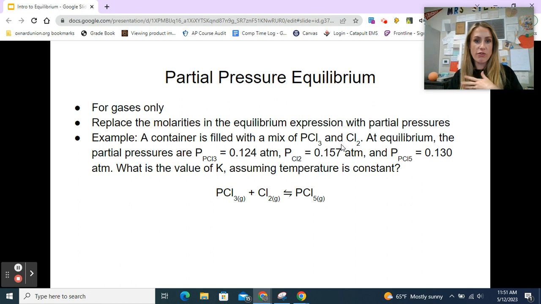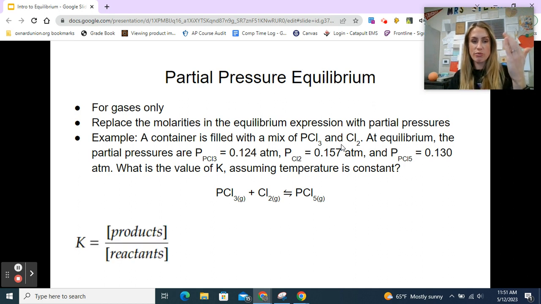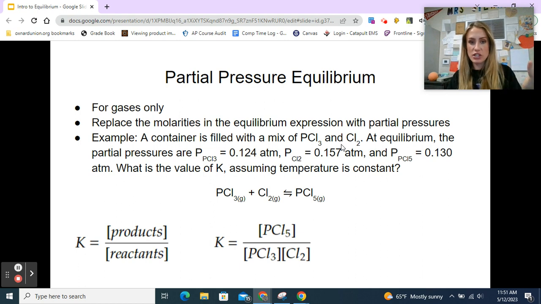And when we're solving for K, remember it's concentration of products over concentration of reactants. So here we get the concentration of our PCl5 over the concentration of PCl3 times the concentration of Cl2. Again, because these are gases, instead of concentrations, I can use atmospheres. Doesn't mean it has to be pressure when we're talking about gases. You can also have a concentration of a gas, which is what I will usually give you, but you can use partial pressure equilibrium.